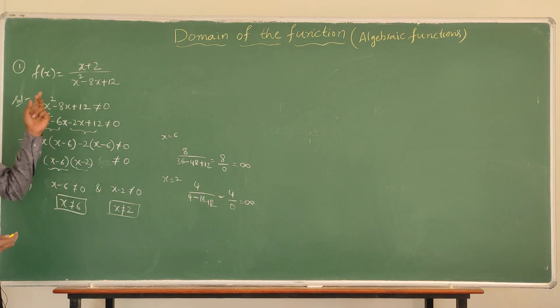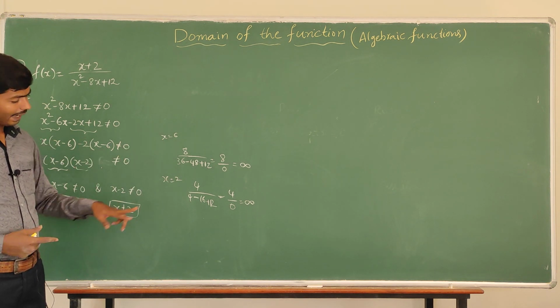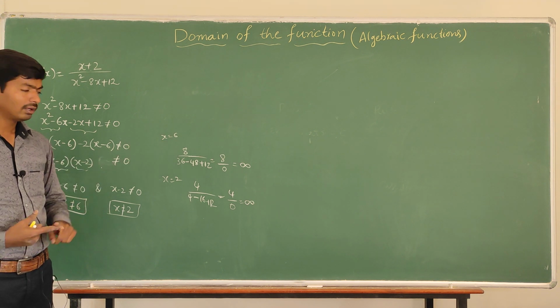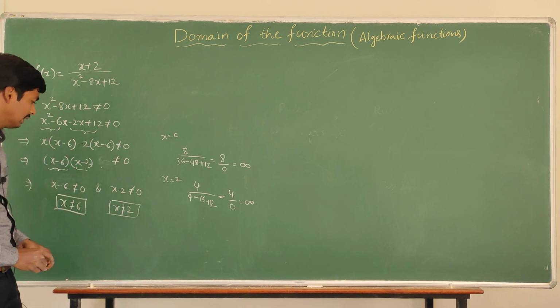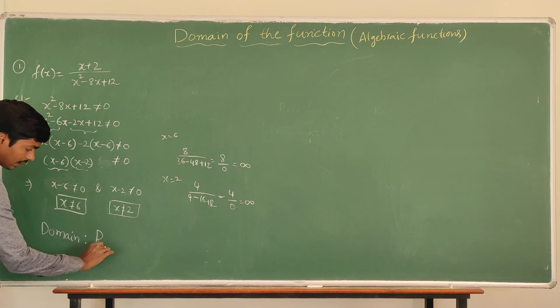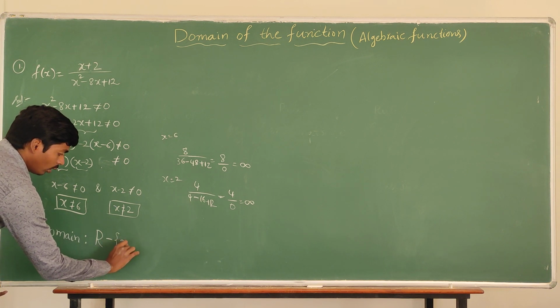Now we have to find the domain of the function, meaning the set of all the values for which the function can be defined. So other than 6 and 2, if I substitute any other value in place of x, then my function can be defined. So the domain of the function is the set of all real numbers excluding 2 and 6.